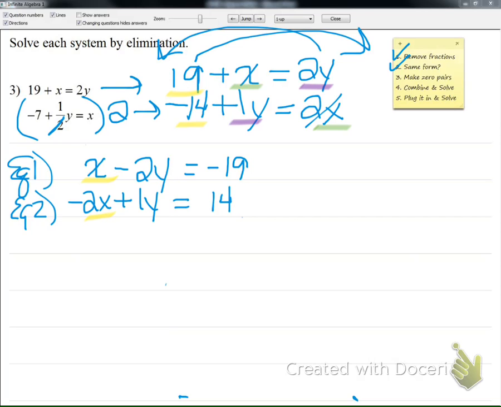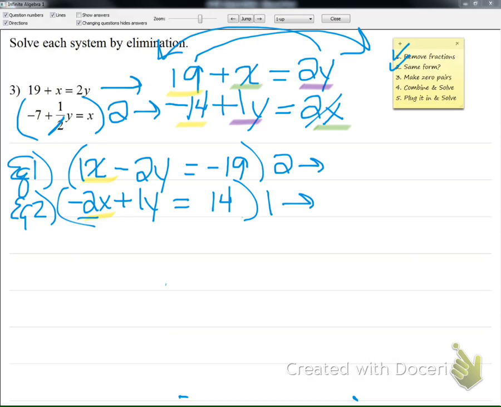So to get rid of my x's, I have to multiply the equations by their opposite numbers. That was a 1, so I need to multiply the bottom equation by a 1. The bottom equation has a 2, so I need to multiply the top equation by a 2. I do not put a negative anywhere in the number that I'm multiplying because they already have opposite signs.